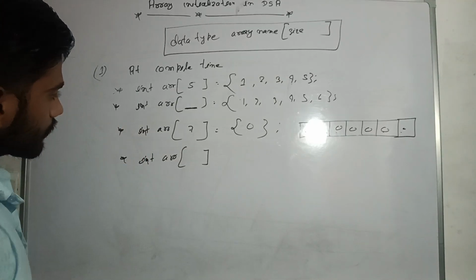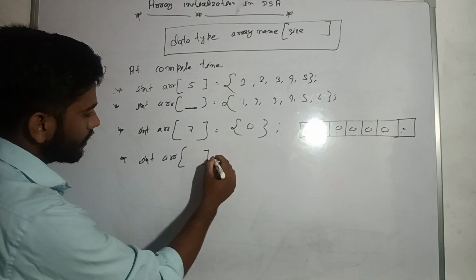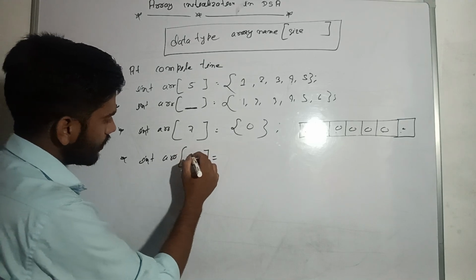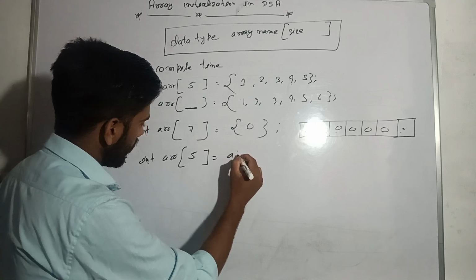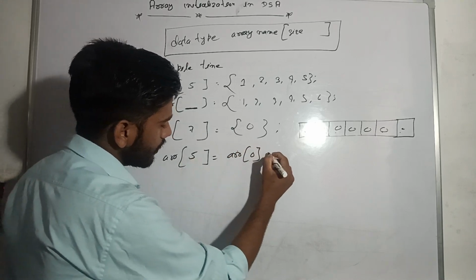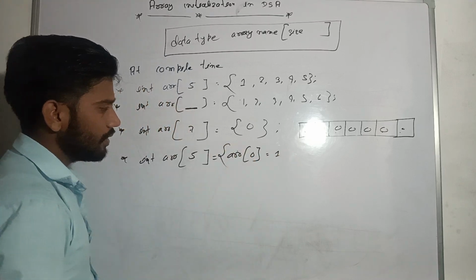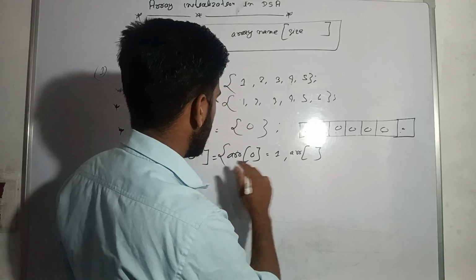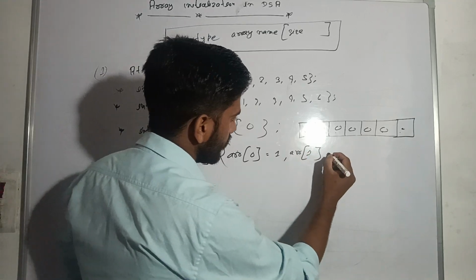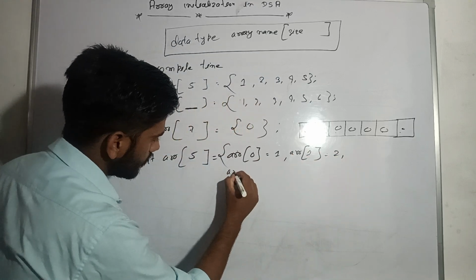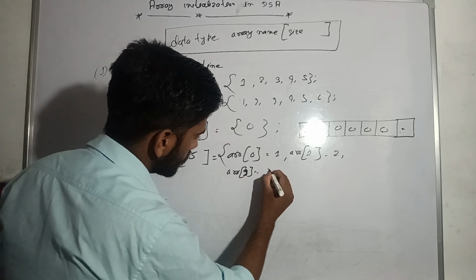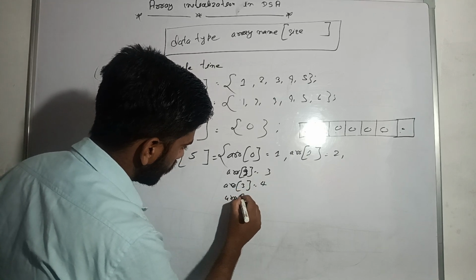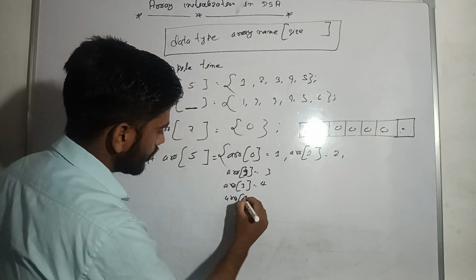Another way is to declare the size 5, then array of 0 becomes 1, array of 1 becomes 2, array of 2 becomes 3, array of 3 becomes 4, and array of 4 becomes 5.